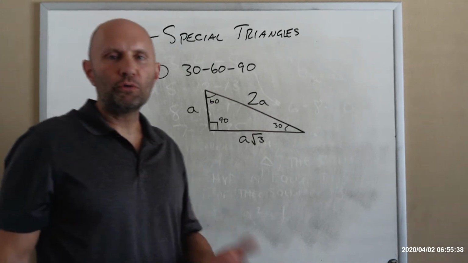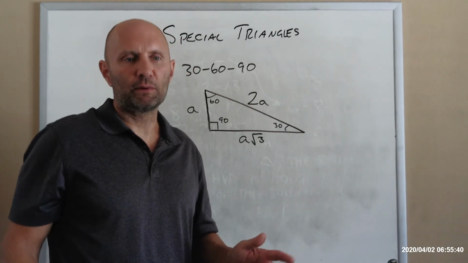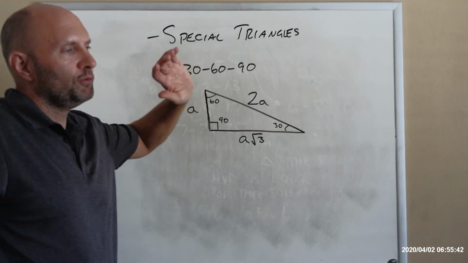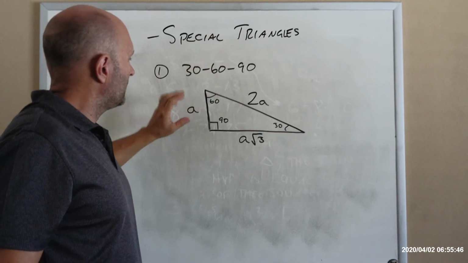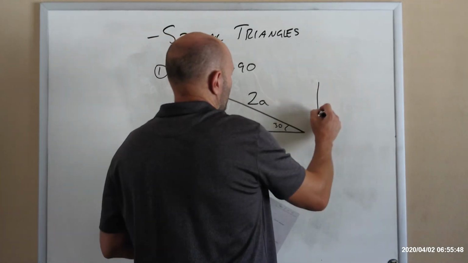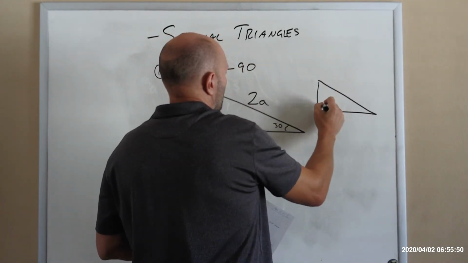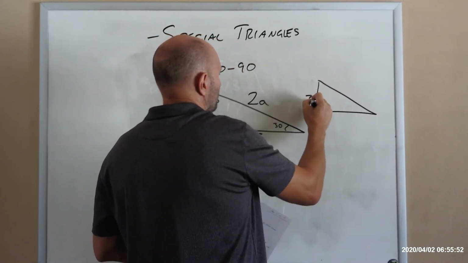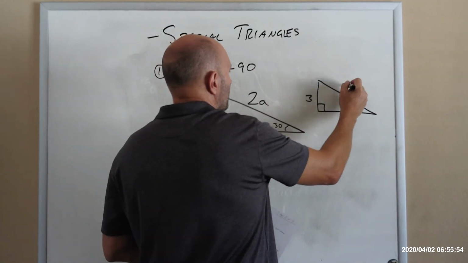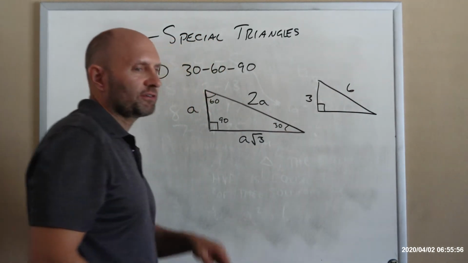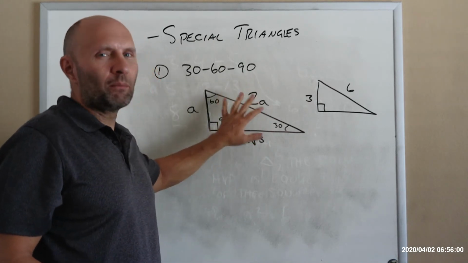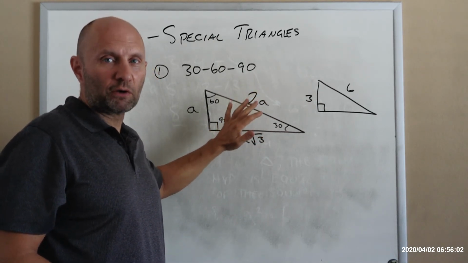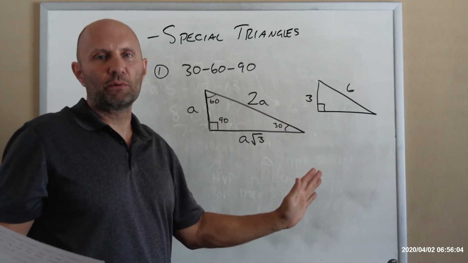So again, you can always do this mathematically with the Pythagorean theorem. So let's do an example here. If it told you you have a 30, 60, 90 triangle, and the short leg is 3, and the hypotenuse is 6, find the length of the long side. If you don't remember this, or you're not real comfortable with special triangles, use the Pythagorean theorem.